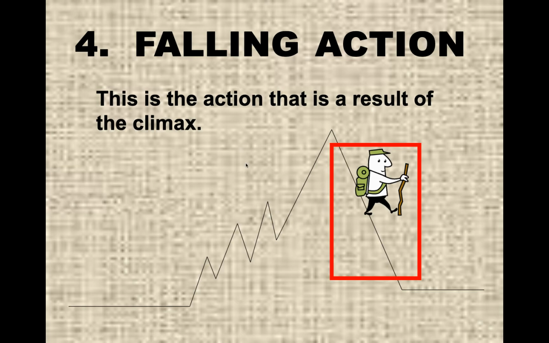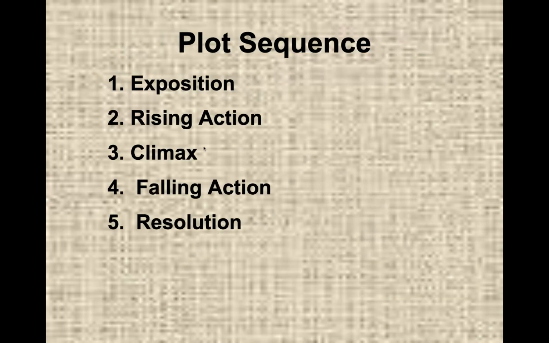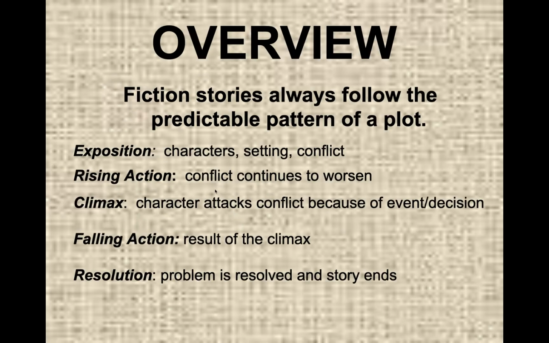The action is resolved. And then we get to the end, the final resolution, and we know the end of the story. So exposition, where we learn our characters; rising action, where that conflict builds; climax, where it peaks; and we begin to come down into the resolution. Okay, so that's the overview.